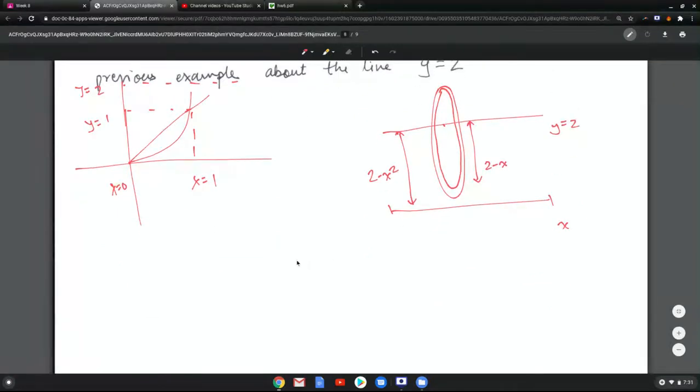And then we still apply the same formula, the integral from 0 to 1 of pi times (2 minus x squared) squared minus (2 minus x) squared dx.